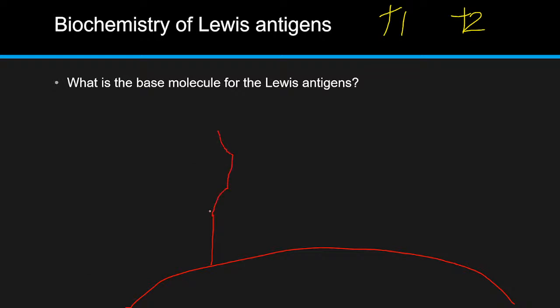Okay? Just remember there's six sides to this particular sugar. Because the name for this one is glucose and NAc.